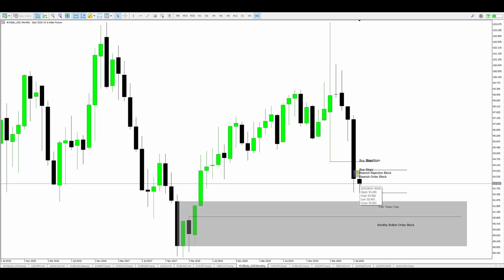Everyone knows that the dollar is weak right now, but to which level? Right, we've got sell stops here, and we've got a fair value gap on a monthly chart, right? And that also surprisingly comes on our monthly bullish order block.